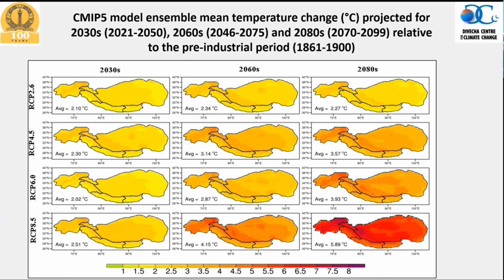2.34, and 2.27. So what you can see here is that there is no significant change in temperature rise, whichever scenario you would use by 2030, except 2.1 to 2.51. But as you move into 2060s and 2080s, there is a significant change in scenario that will take place.